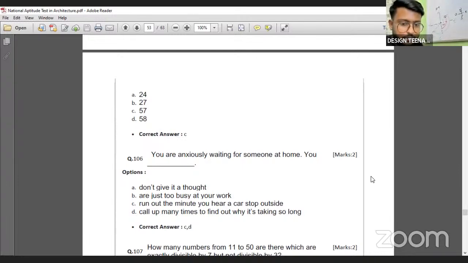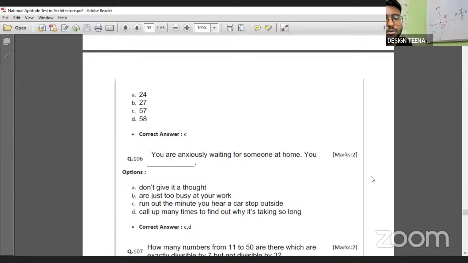You call up many times to find out why it is taking so long. They are asking which is the most relatable answer. You will have to mark only one, but they have given two things that can actually happen. So two options are possible, and whichever one you mark is possibly a right answer.